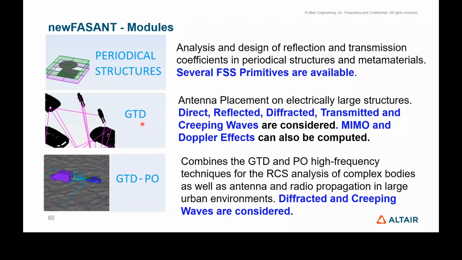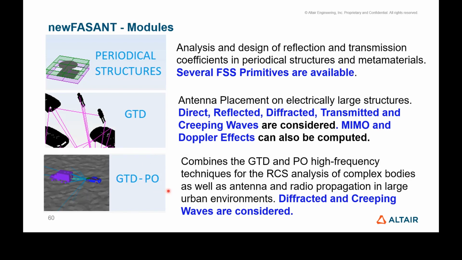Then the GTD module, Geometrical Theory of Diffraction, can take direct, reflected, diffracted, transmitted, and creeping waves into account. It also has a MIMO module where you can compute the MIMO parameters and the Doppler effects as well. This is not in Feko, but if you want these, you can use newFASANT.